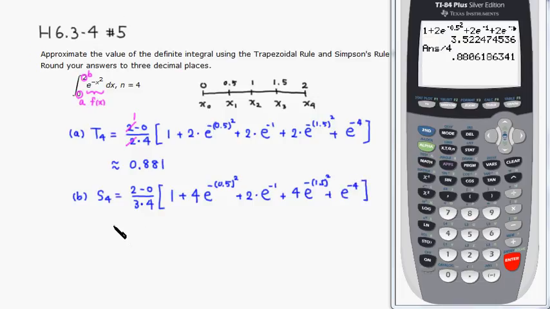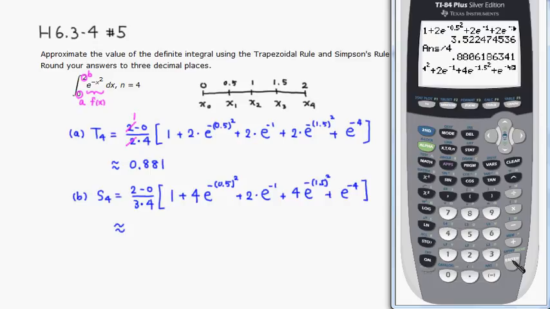Alright, so let's find this value. It's going to be 1 plus 4 times e to the negative 0.5 squared, and plus 2 times e to the negative 1, plus 4 times e to the negative 1.5 squared, and plus e to the negative 4.